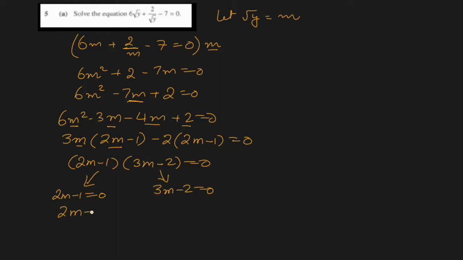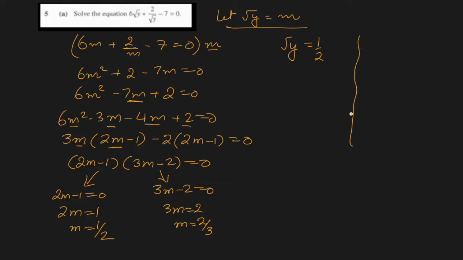So it gives us 2m equal to 1, where m is half, and here 3m equal to 2, m is 2 over 3. But m was our assumption, actual variable was y. So let's go back to square root y equal to 1 over 2, that's the first answer, and second answer is square root y equal to 2 over 3.